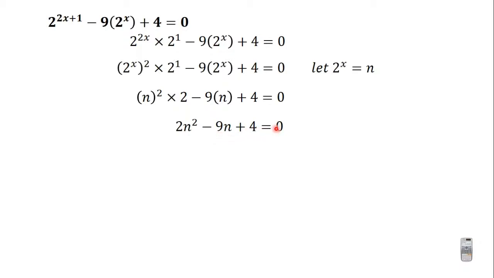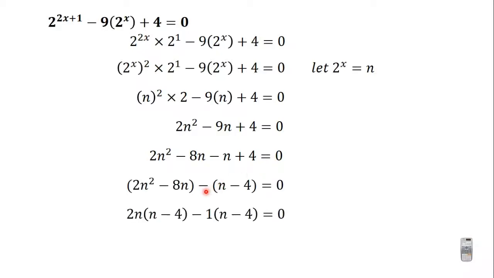To solve this quadratic equation, we have to factorize the quadratic trinomial on the left hand side here. In the videos on algebraic expressions, I explained how to factorize quadratic trinomials. So I'm going to go through quickly with the factorization. We will have 2n squared minus 8n minus n plus 4 is equal to 0.